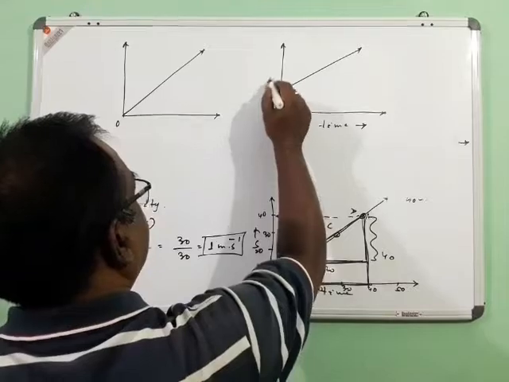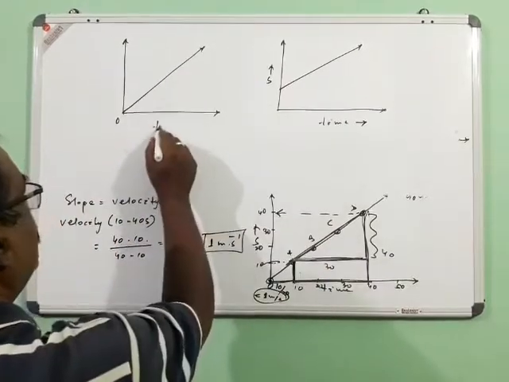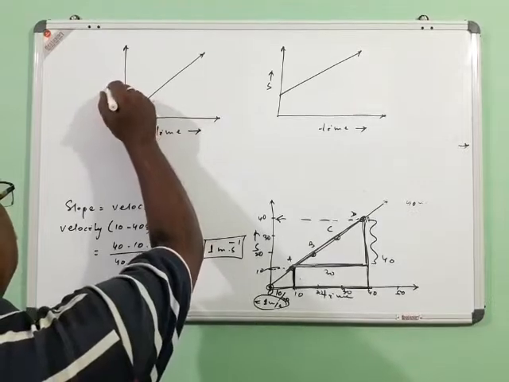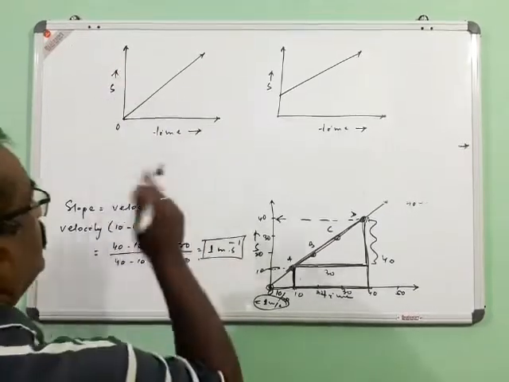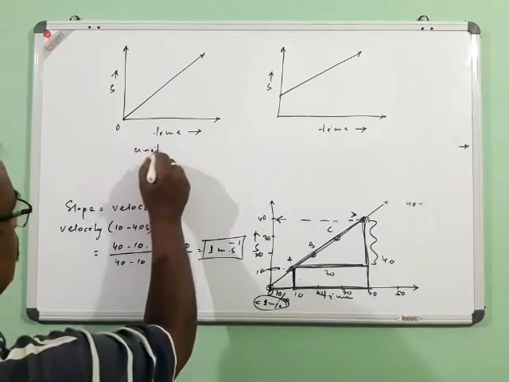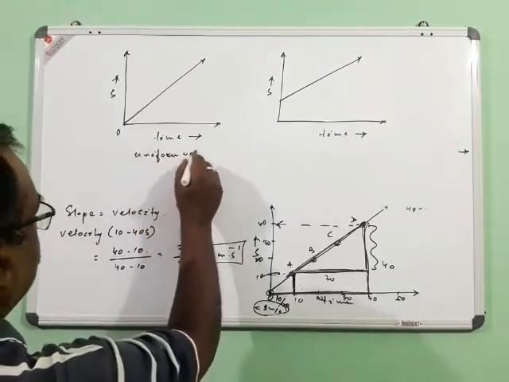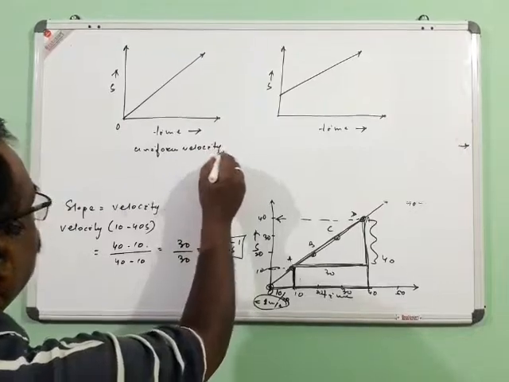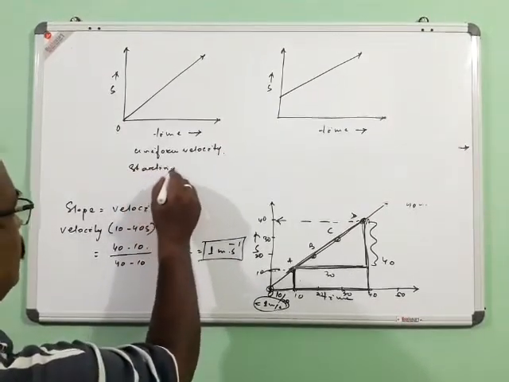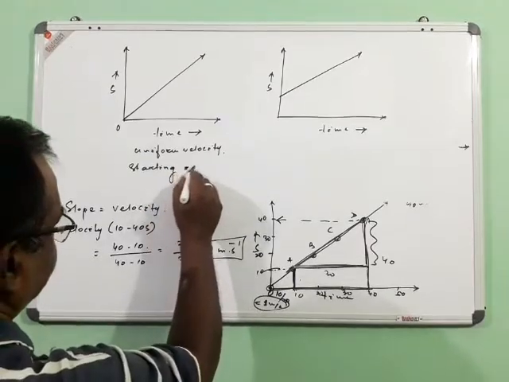So in both the cases we can say that the body is moving with uniform velocity, but the difference is that in this case it is uniform velocity starting from rest, where the body starts from rest.